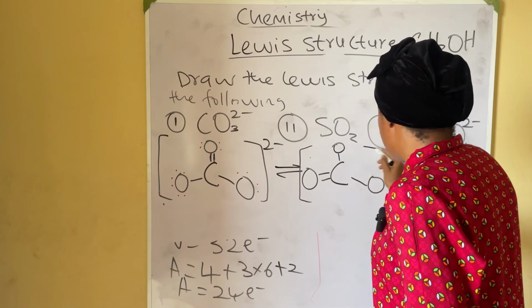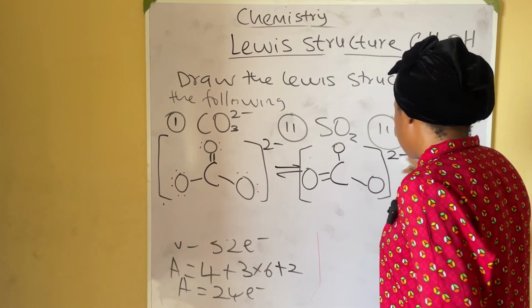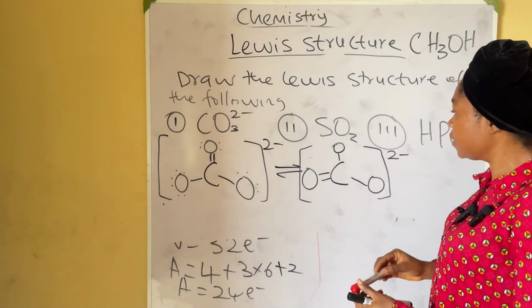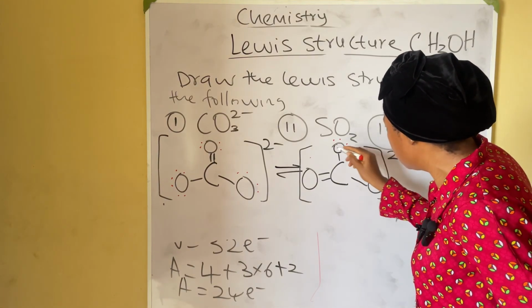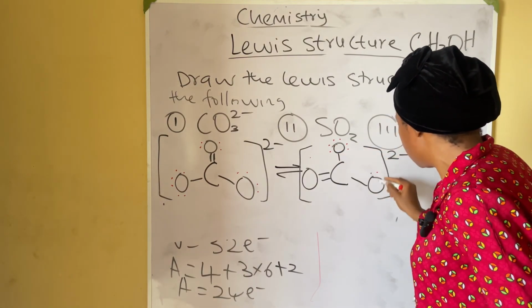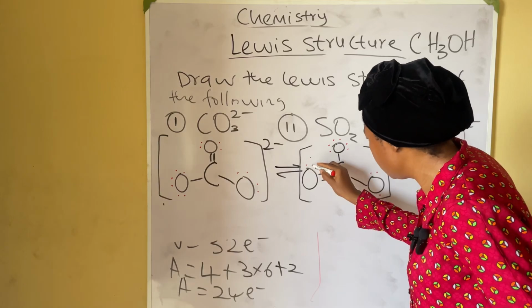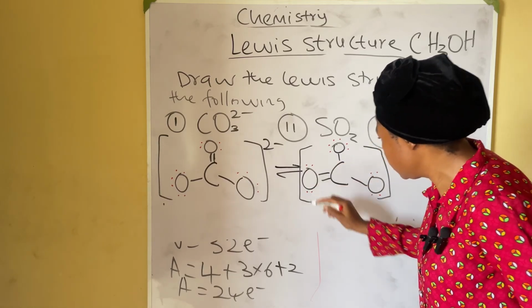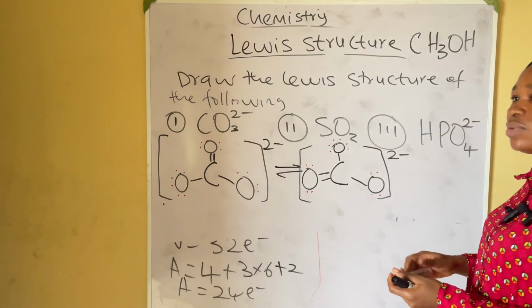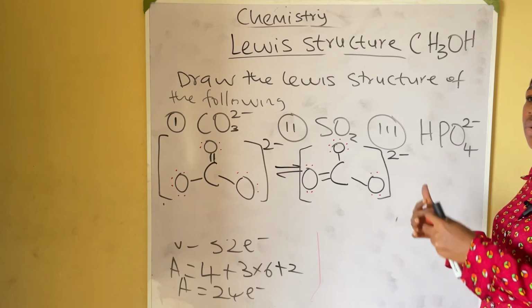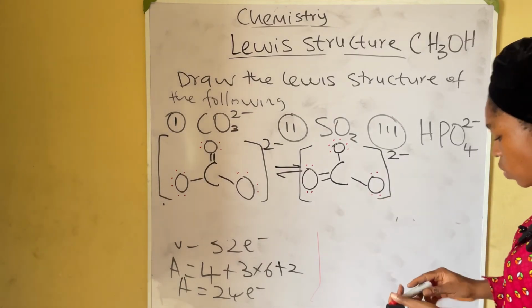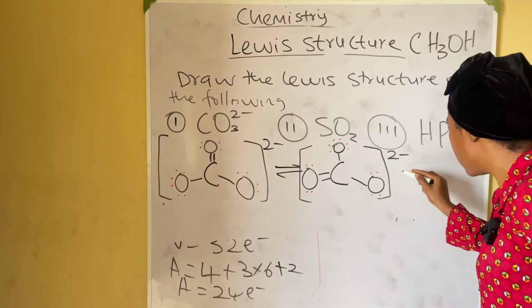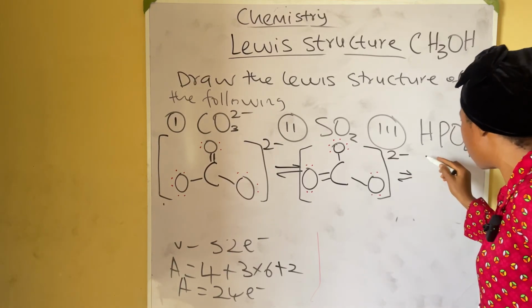Put your square bracket. So this is what we call resonance structure, or canonical form. Look at this. We can also do the same for the other one.